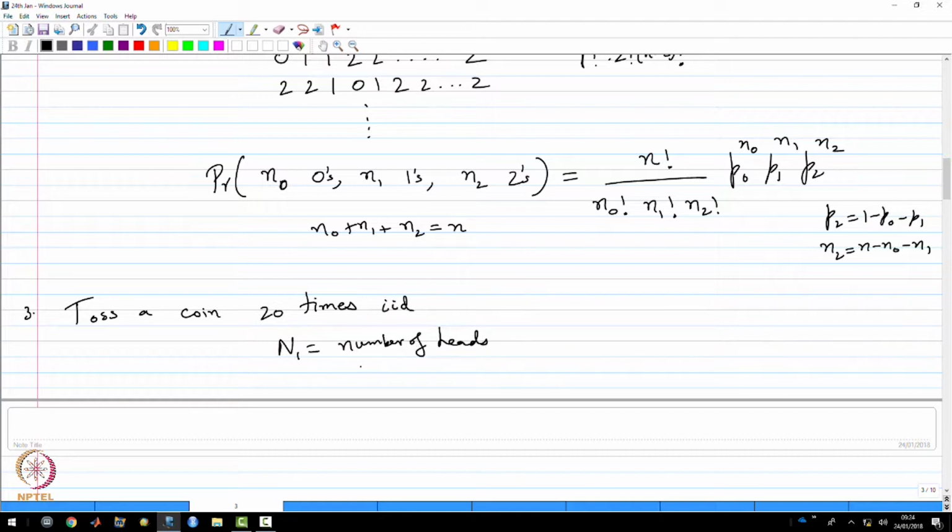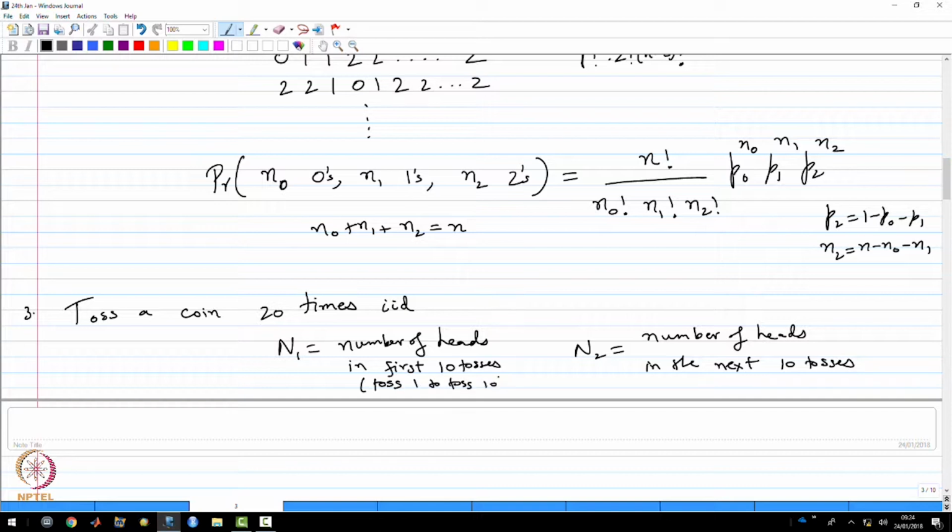We'll make that assumption in the first 10 tosses, and I'll say n2 is the number of heads in the next 10 tosses. Okay, so what do I mean by this? When I say first 10 tosses, toss 1 to toss 10. When I say next 10 tosses, I mean toss 11 to toss 20. Okay, so this is the thing I'm defining.